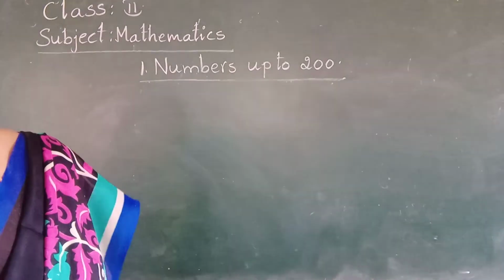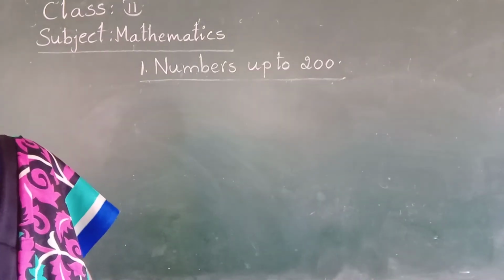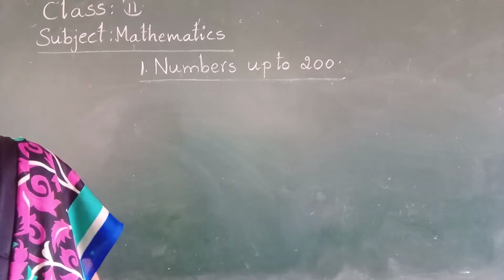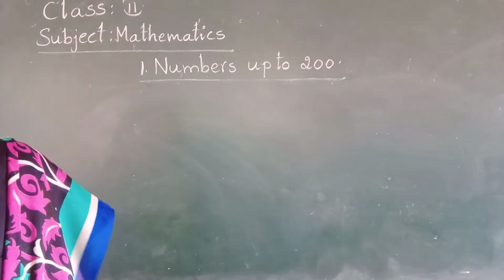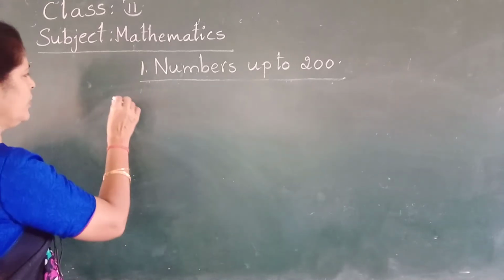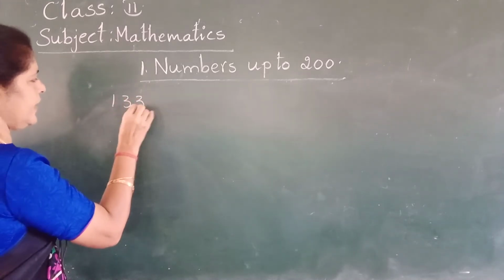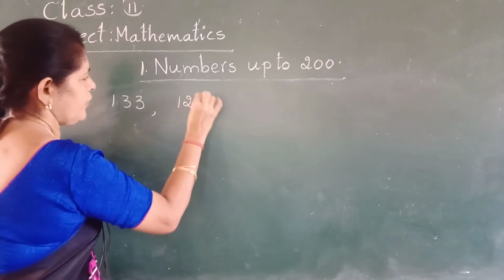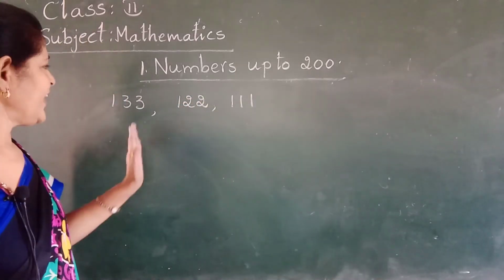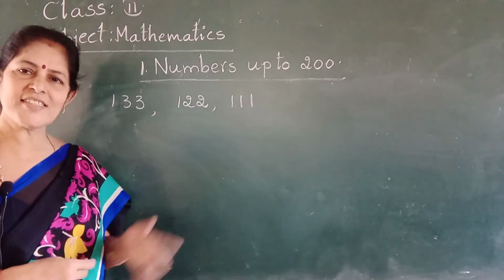In our textbook they given exercises also. We are going to write that also. How to compare the given numbers. Okay? See. 133, 122, 111. Find out the big number among these three numbers.